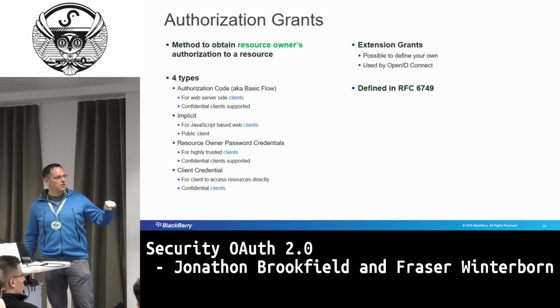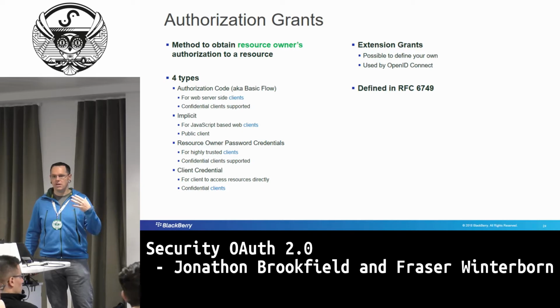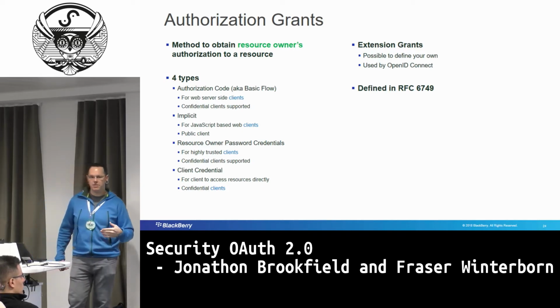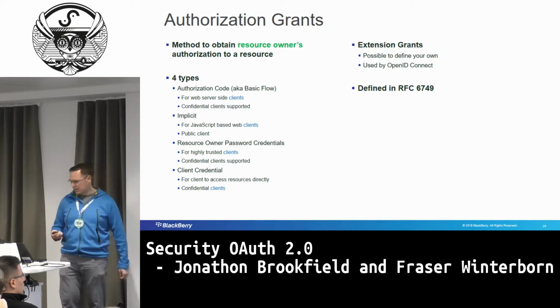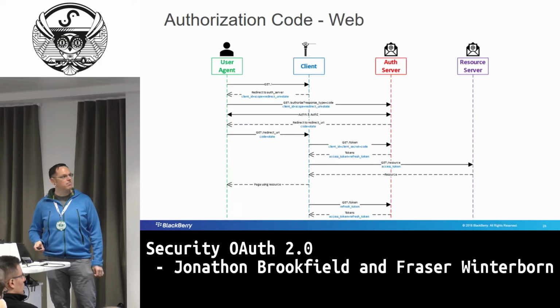The last one is the client credential grant, and this is literally for the client to be able to go to the authentication server and the resource server and access resources for itself. So in the instance of, say, Mail Robot, maybe there is a global directory that exists on webmail that you don't need to be authenticated for, and it could use that to access them.